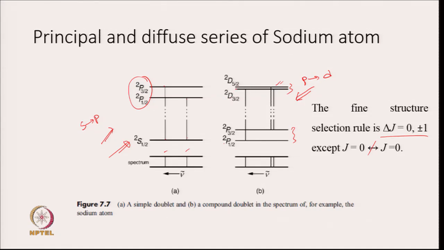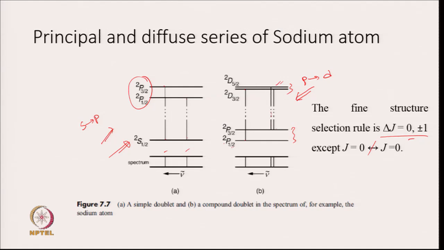So, we are talking about the difference in energy levels, the energy of these two levels. Now you see from here there is only one possibility of transition. You are going from 1/2 to 3/2, so delta J is plus 1, but you cannot go from 2p1/2 to 2d5/2, since delta J will be plus 2, which is not allowed.